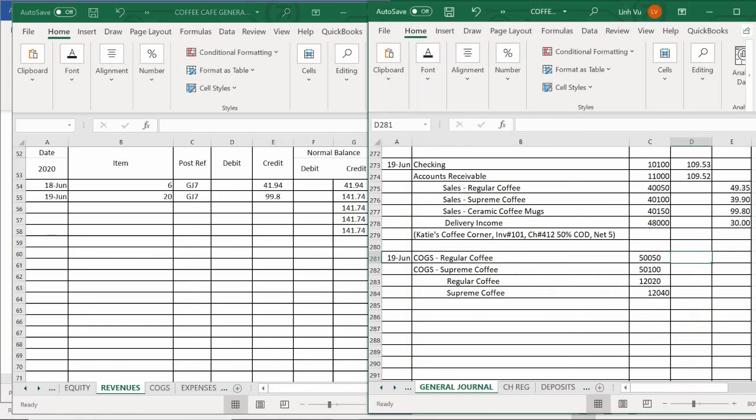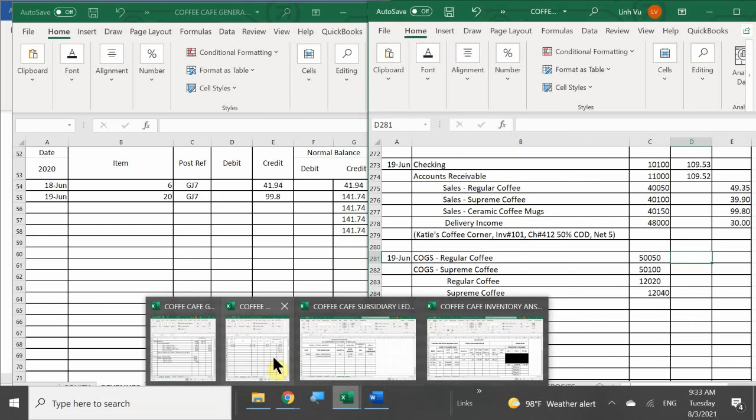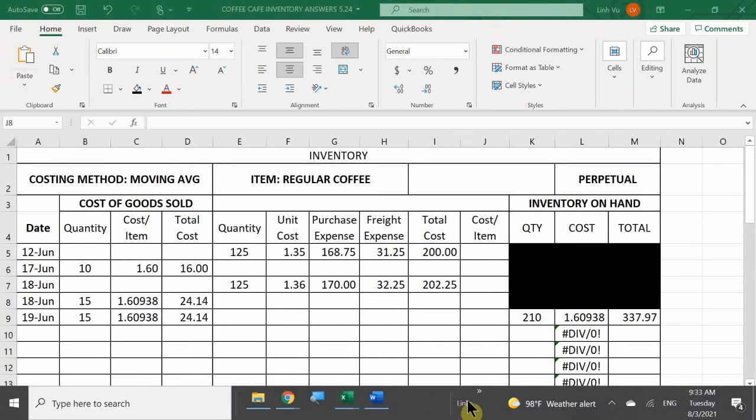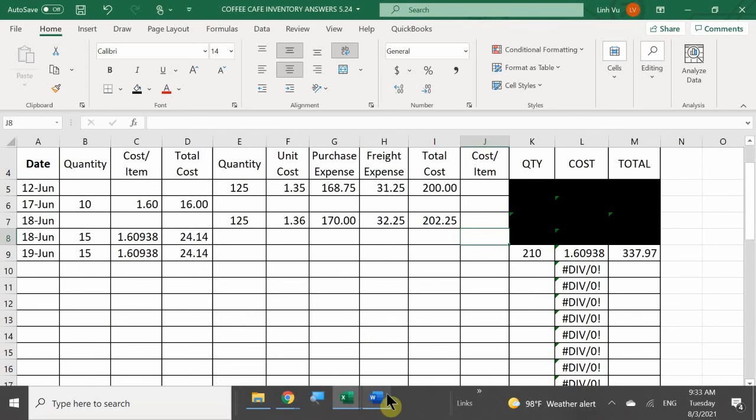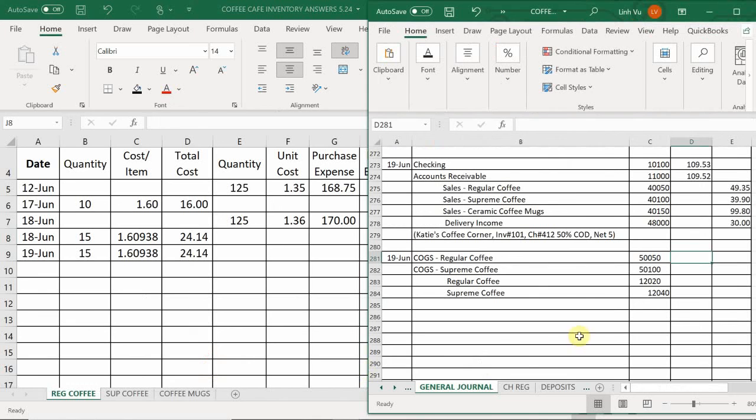So, okay, how much did it cost me to sell the 15 pounds of regular coffee? How much did it cost me that I calculated in my table to sell 15 pounds of coffee? 24.14, right?